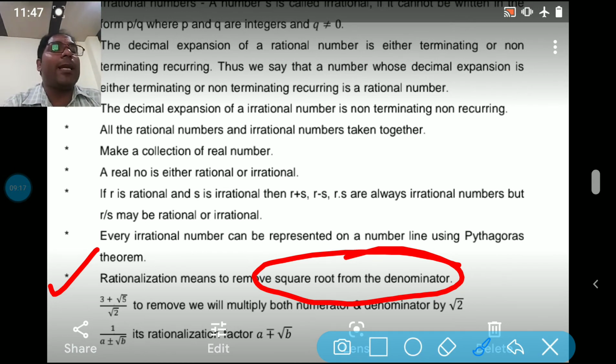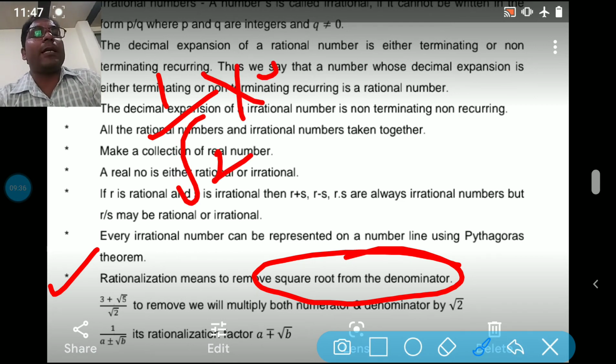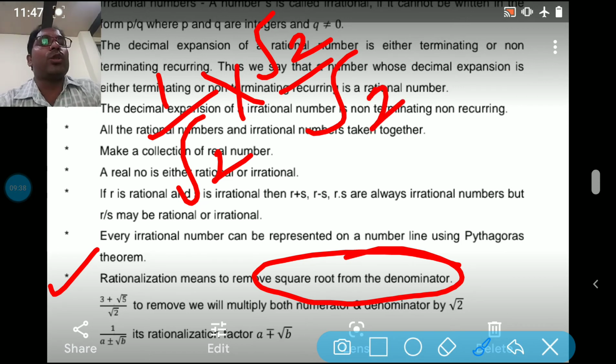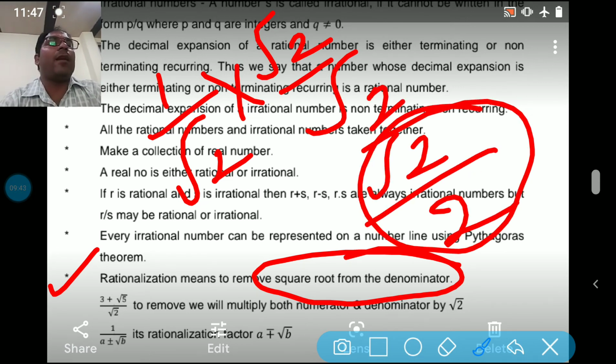Whenever a denominator is in square root form or cube root form, you must remove that square root of the denominator by using the property, and this is called rationalization. Suppose the question is given 1 upon root 2. So you have to rationalize by multiplying by root 2 upon root 2. Then the answer will be root 2 upon 2. This is the final answer.